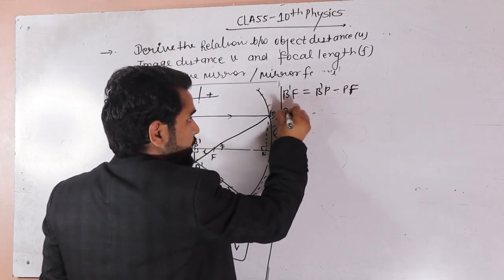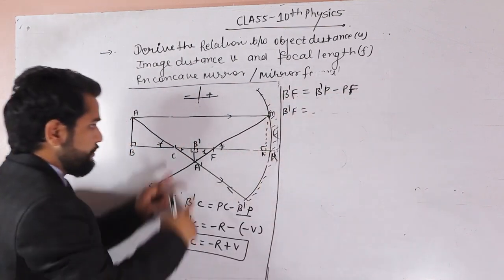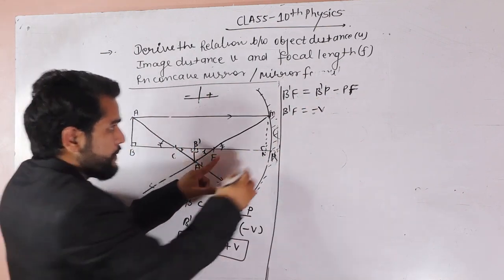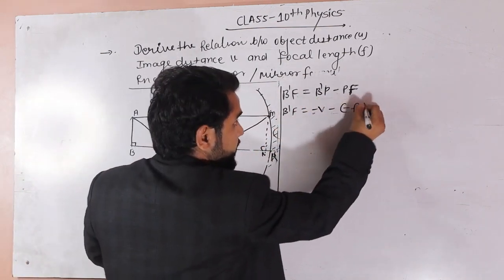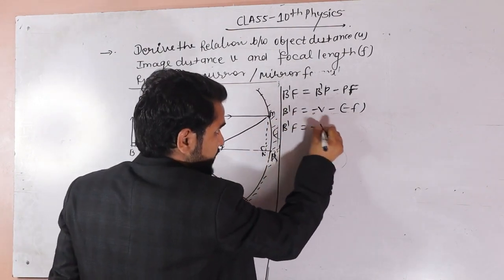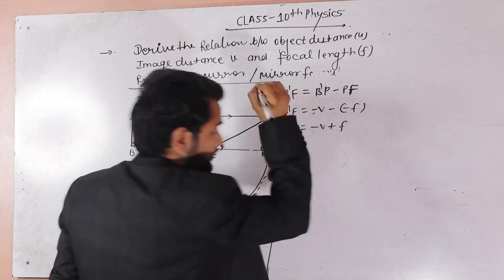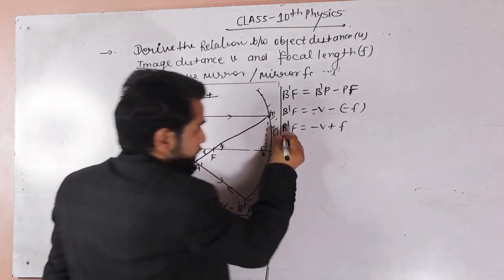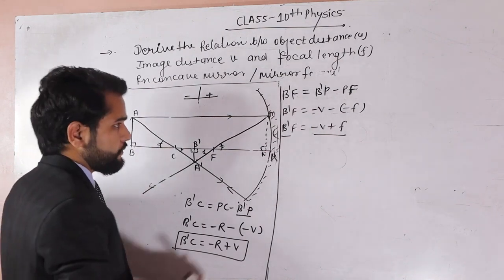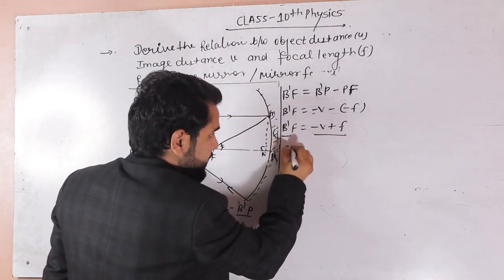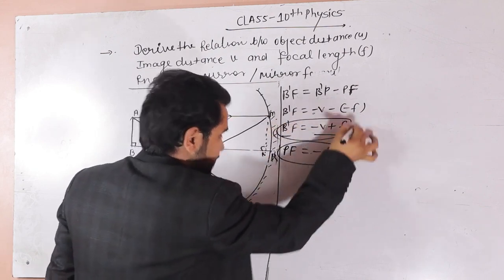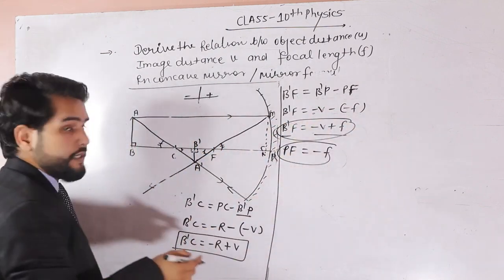B'P means image distance and PF is focal length, minus f. So B'F equals minus v plus f. Clear? And PF equals minus f, the focal length.